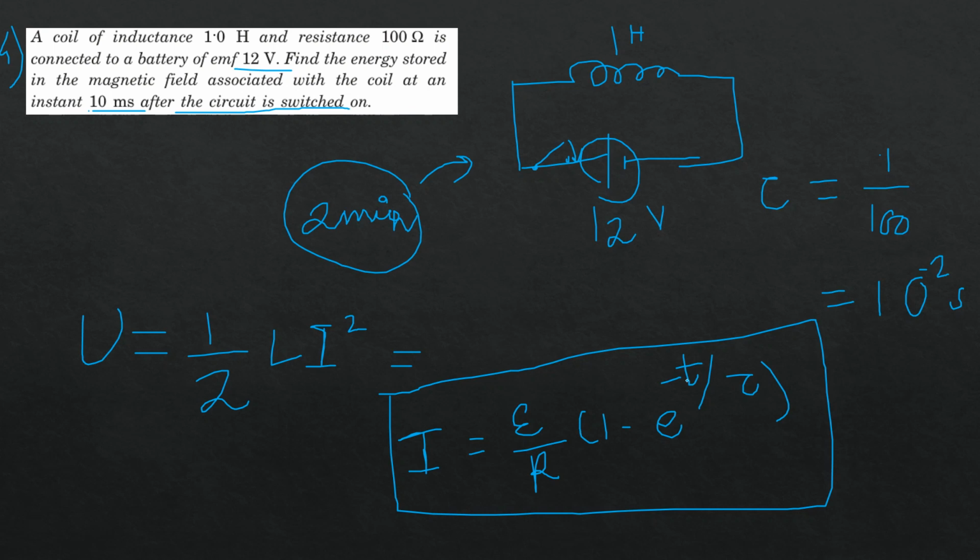Time is 10 millisecond. 10 millisecond means 10 into 10 to the power minus 3, which is 10 to the power minus 2 seconds.